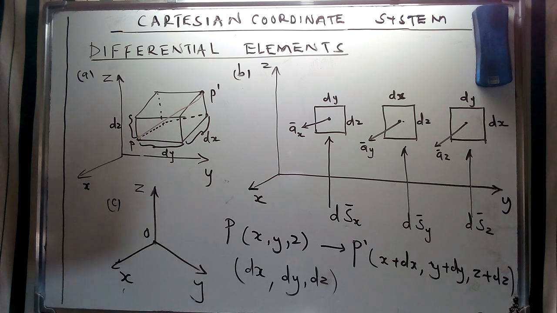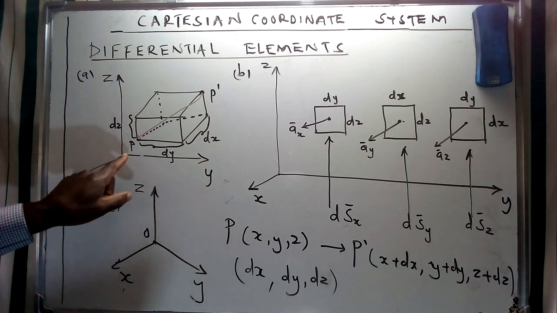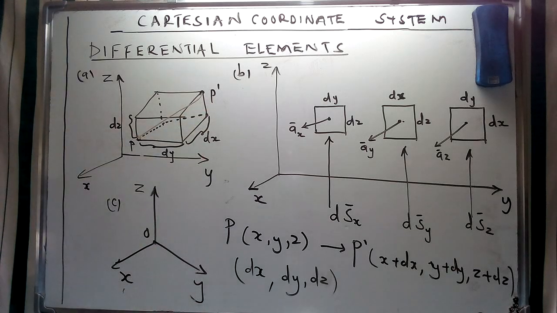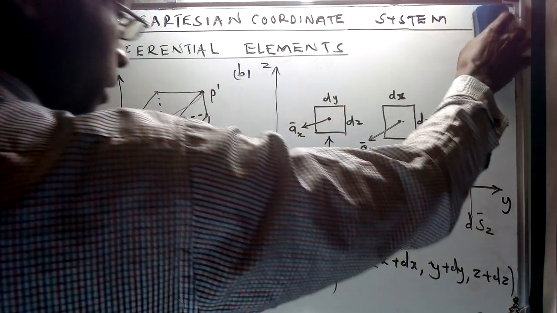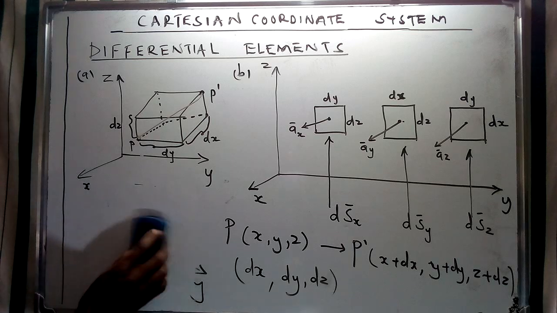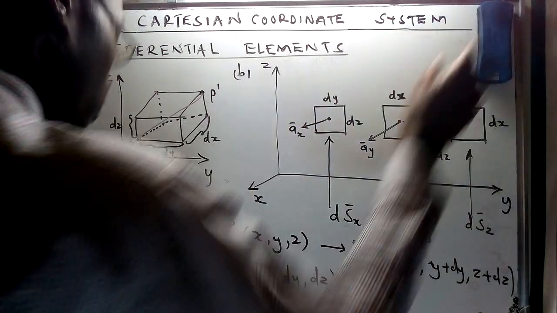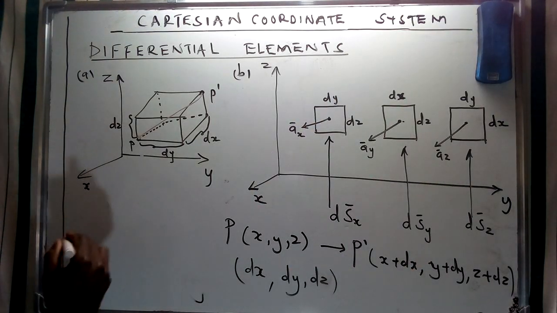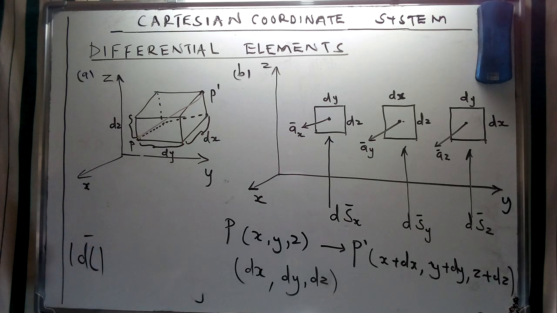So we can define this vector length from P to P prime. The new vector that is going to be realized, we can denote using dl, which is a vector of length.